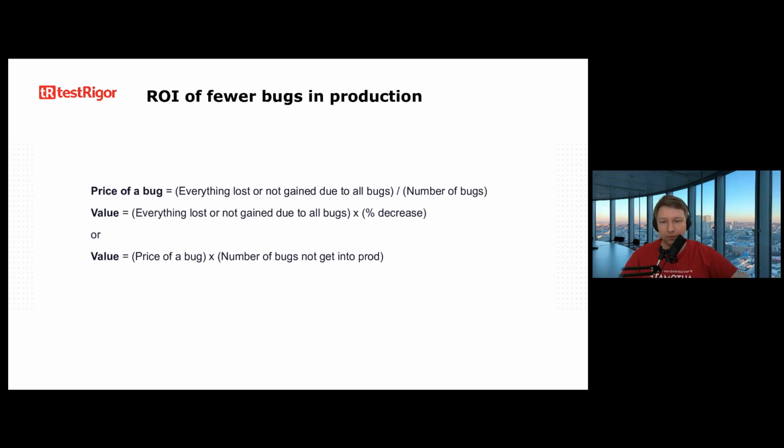So this is one way, or another way is you stick with that price of a bug leaked to production, which you calculated above, and you can track all the issues which were caught before getting into production. That requires a little bit of rigor, because you would need to track all of those issues which had been prevented from getting out into production.